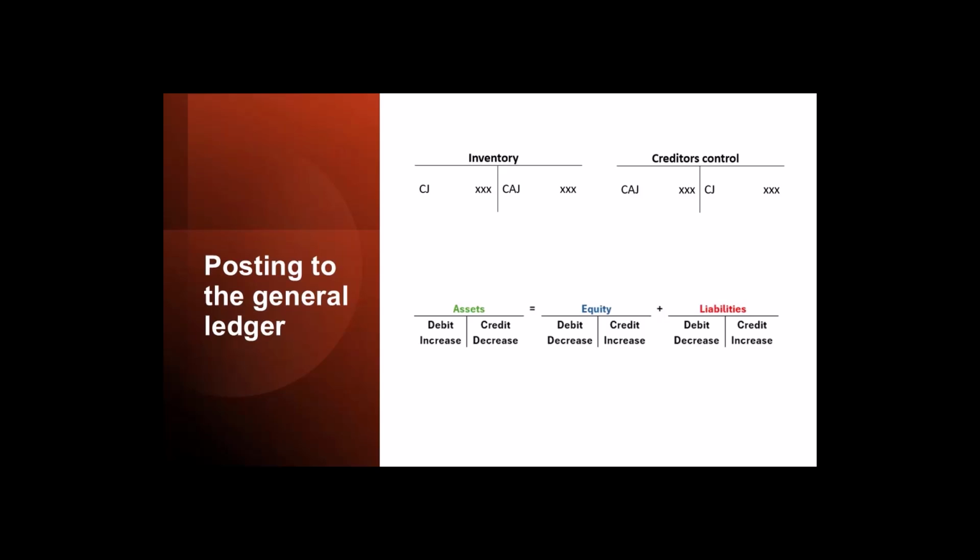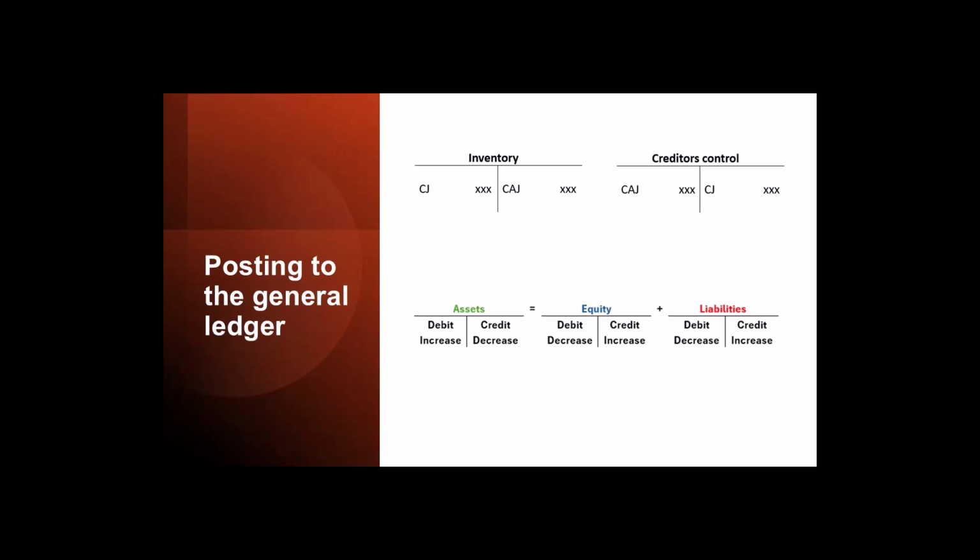Liabilities, on the other hand, decrease on the debit side and increase on the credit side. And that is why we will credit our Creditors Control with the sum total from the Creditors Control column out of our Creditors Journal and debit Creditors Control with the total of the Creditors Allowances Journal.